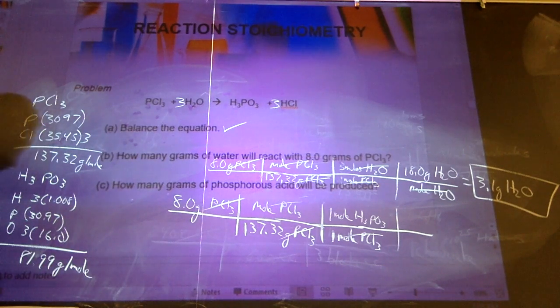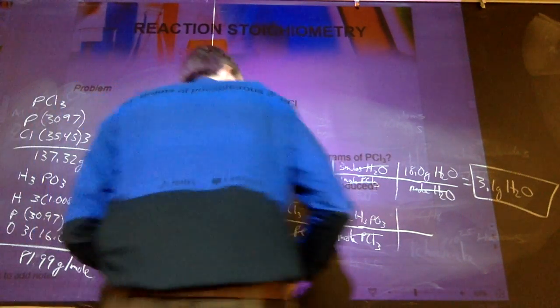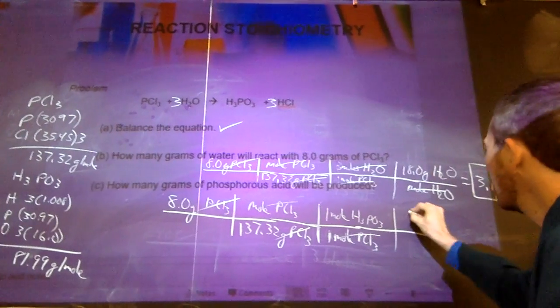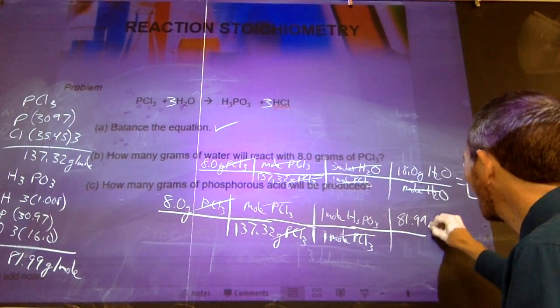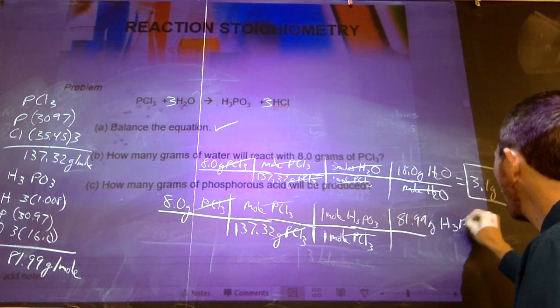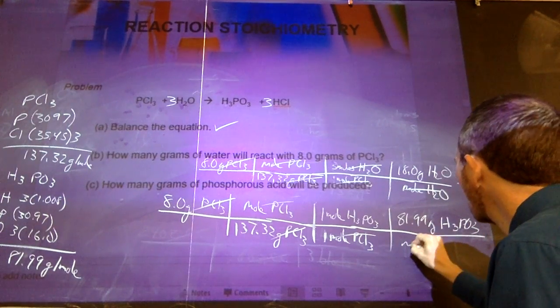So I get 81.99 grams per mole. So I come over here, 81.99 grams of H3PO3 per mole.